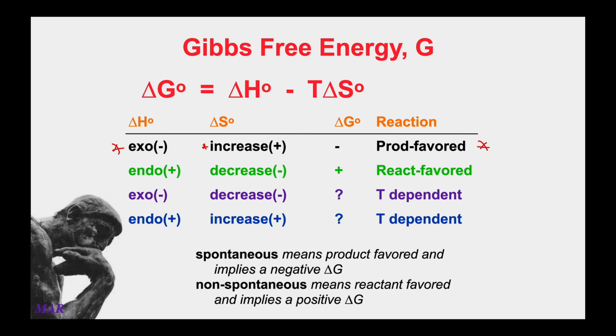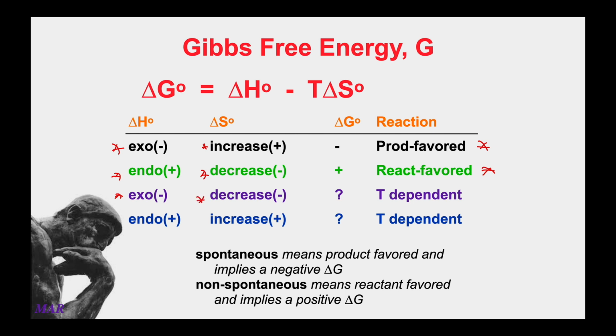On the other hand, if you have an endothermic delta H and a decrease in the entropy, a negative delta S, then your delta G in those cases will always be positive. And positive delta Gs are the reactant favored, non-spontaneous reactions, and those are hard to do. There are 2 more possibilities though. The first possibility down here is when you have an exothermic reaction but a decrease in the entropy.